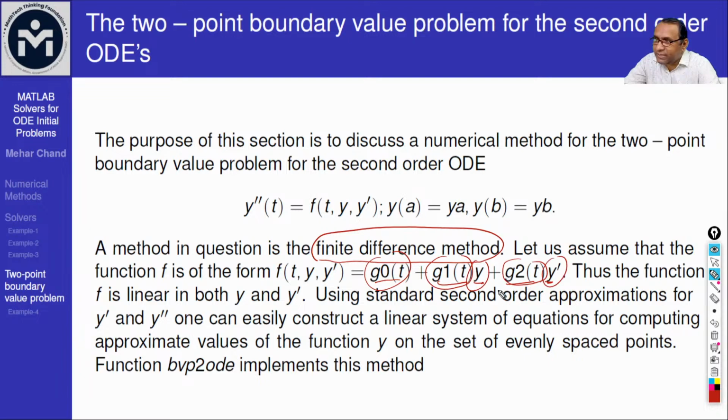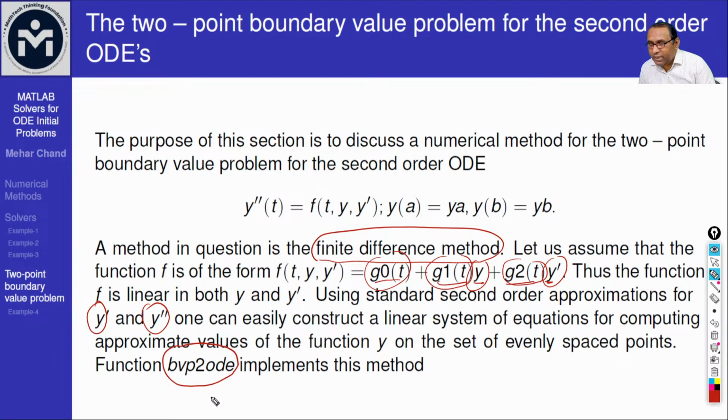Thus the function f is linear in both y and y dash, and using the standard second order approximation for y dash and y double dash, one can easily construct a linear system of equations for computing approximate values of the function on a set of evenly spaced points. So the function we will use here is the boundary value problems to ODE.